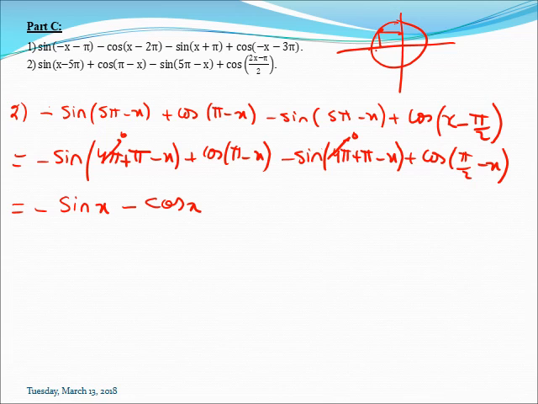Minus sine pi minus x, sine x minus sine x. Cosine pi over 2 minus x, it is sine x. Equal minus sine plus sine 0, the answer is minus sine x minus cosine x.